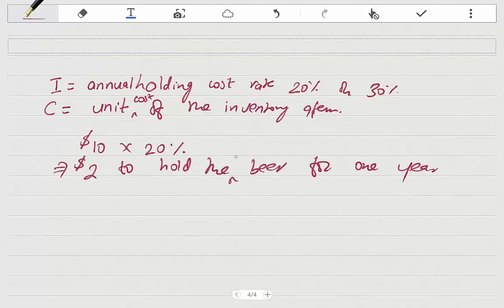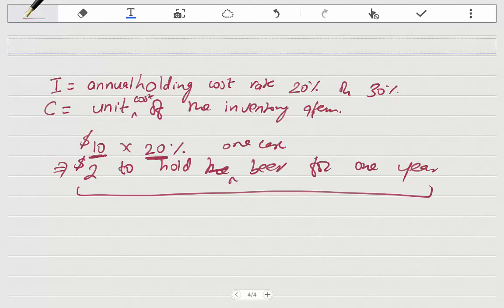To hold one case of beer. So if the holding cost is 20%, and the cost of one case of beer is $10, what you're saying is it will cost you 20% of that $10 to hold the beer throughout the year.